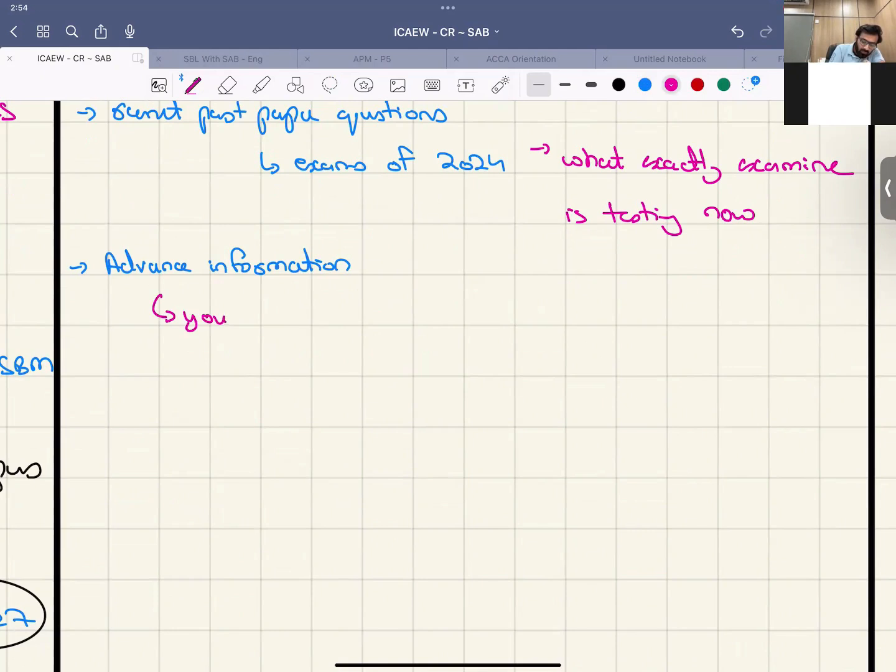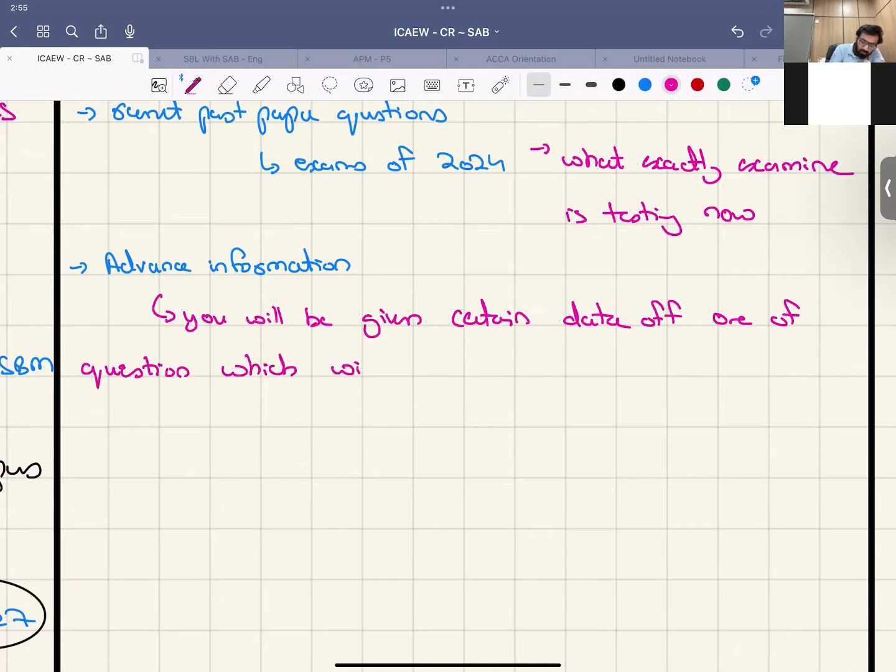And what exactly is the case in this advanced information is that you will be given certain business data of one of the questions which will be coming in the exam.